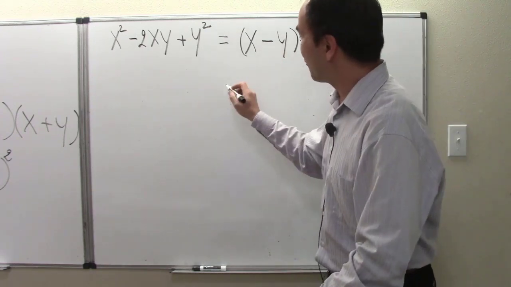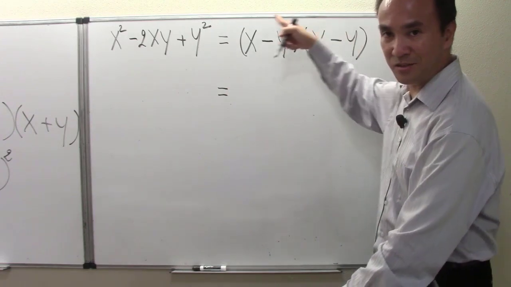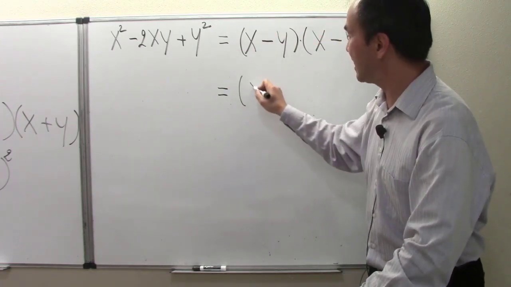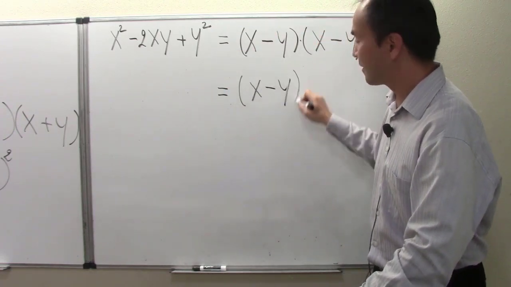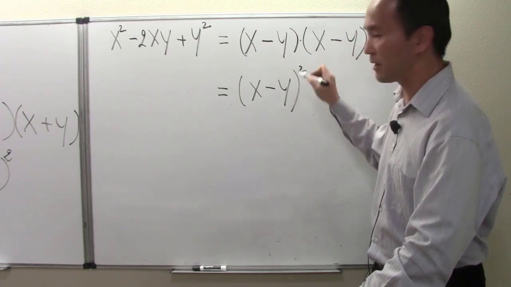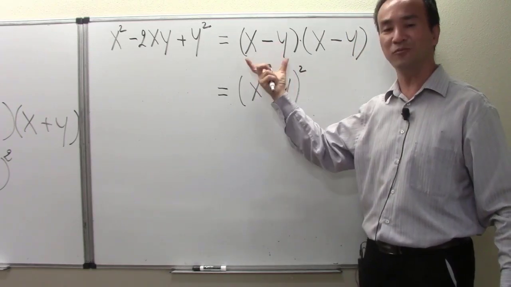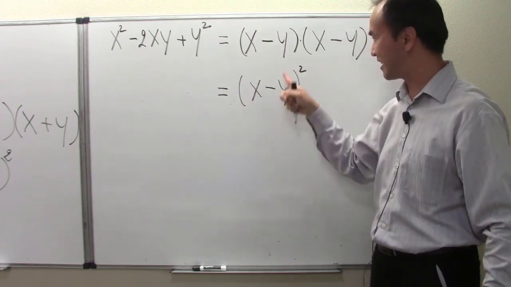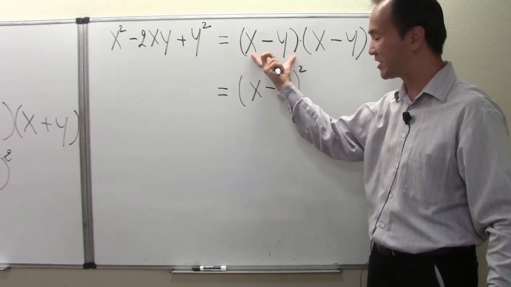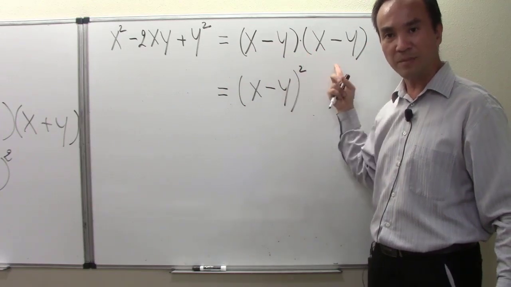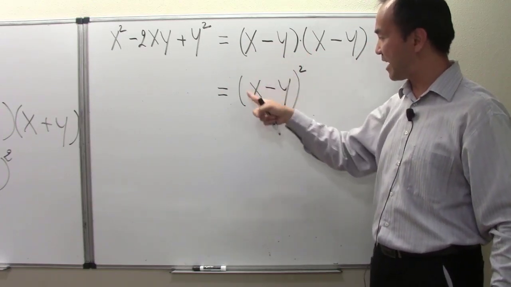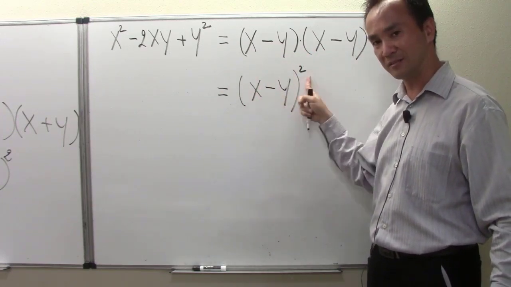So we have our right to re-express this as only one factor, x minus y, but squared. We do the usual work up to this point, and then our observation tells us that we can rewrite this since it's just one factor being repeated. So we just rewrite it as x minus y, one factor, but squared.